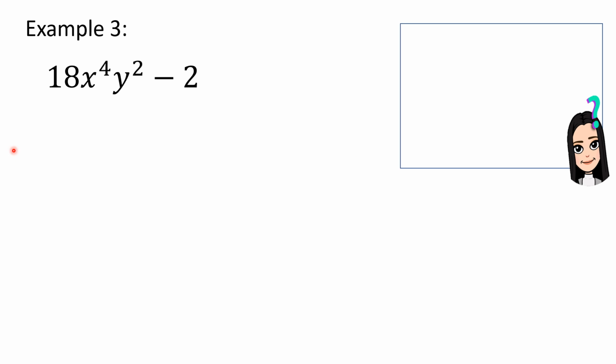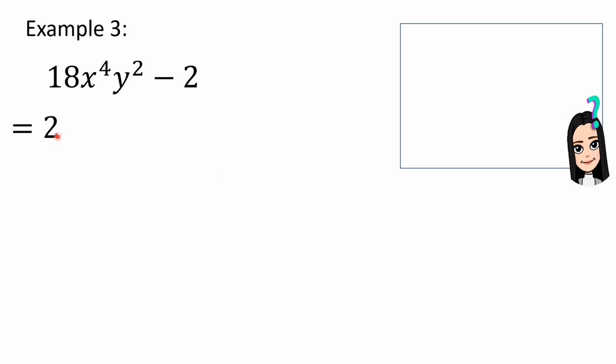Okay, first you look at whether you can take a common monomial factor from the given. If we look at the given example, we can get a common monomial factor, which is 2.